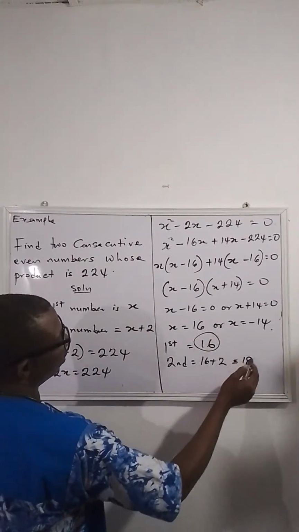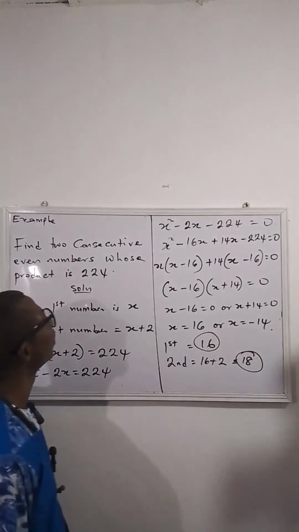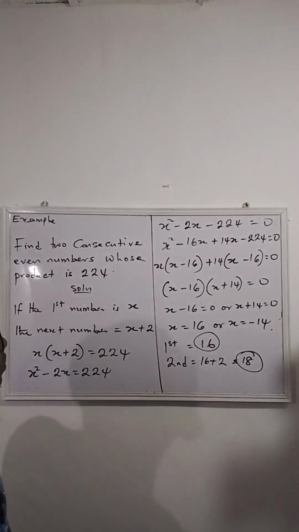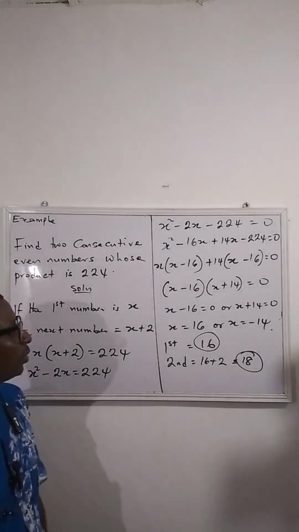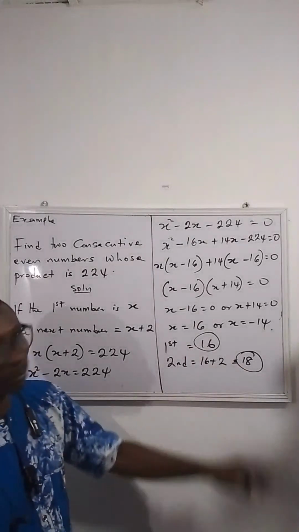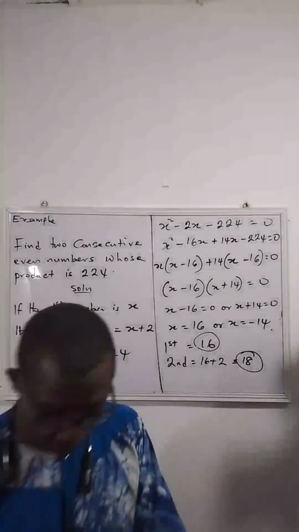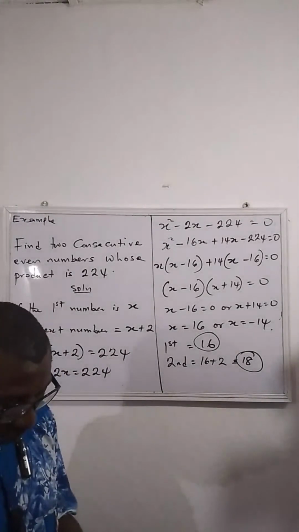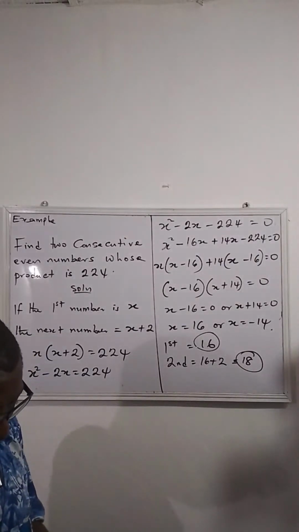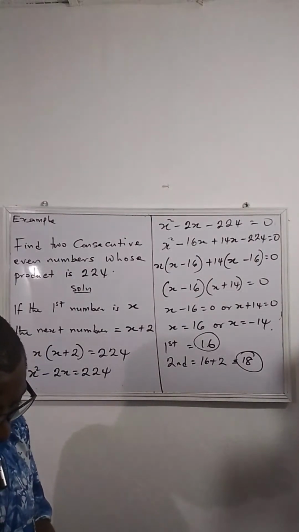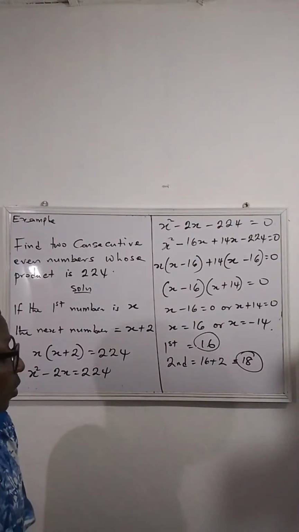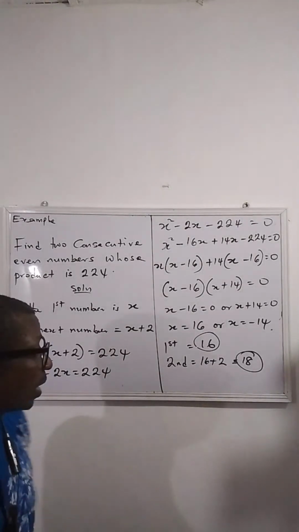Now let's see, can we verify this? What is the answer when you multiply this and this? That is 16 times 18. Okay, so there is something wrong with that.